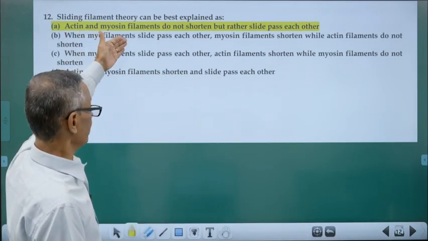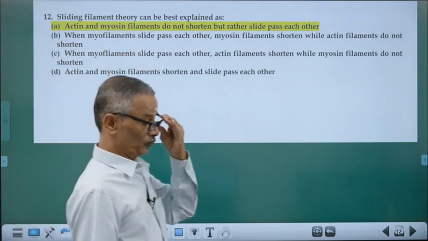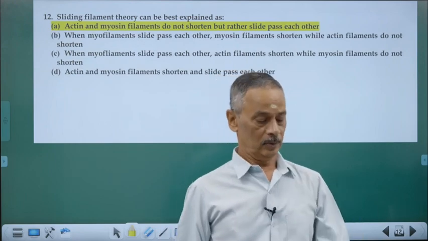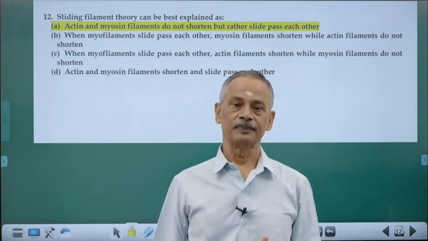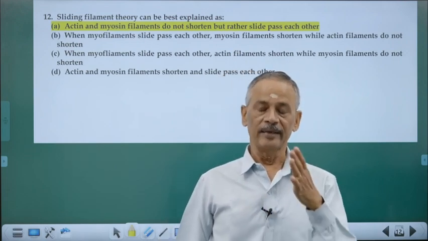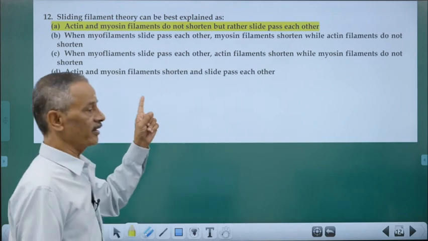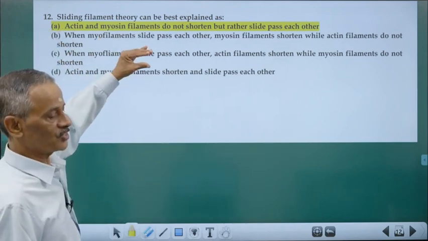Sliding filament theory can be explained. That is the theory explaining the mechanism of muscle contraction. A.F. Huxley and H.E. Huxley and Hansen have explained the mechanism of contraction.